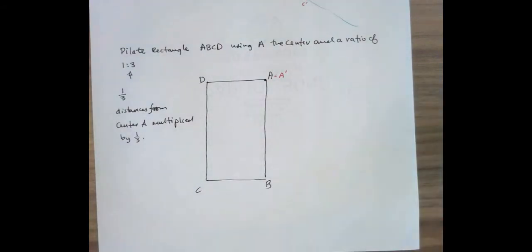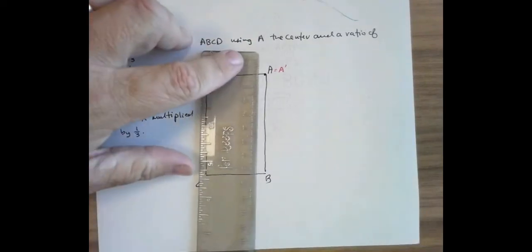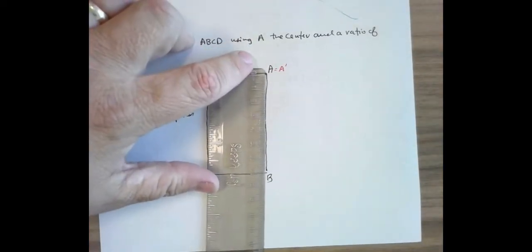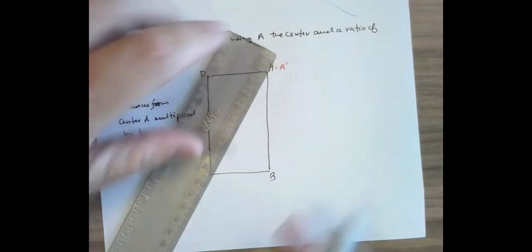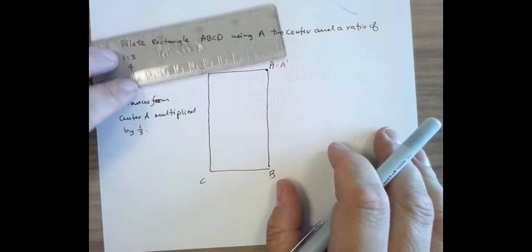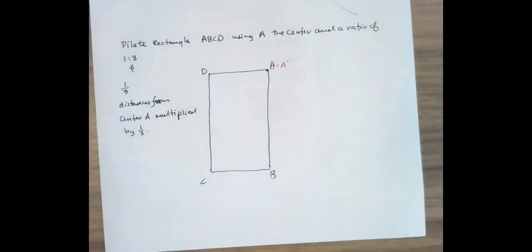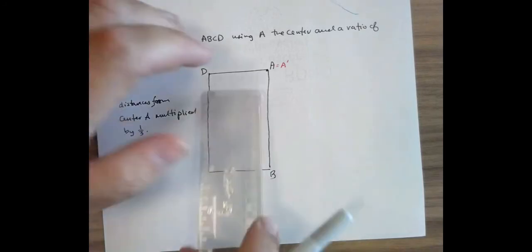So now I need to move each of the other 3 points, multiply the distance by 1/3 so they're closer. So I'm going to measure A to B, A to C, A to D, and then we'll multiply those distances by 1/3, and that will give me my image points B prime and C prime and D prime.